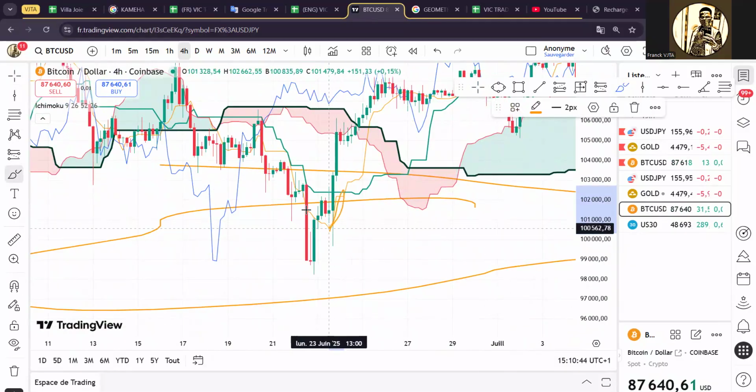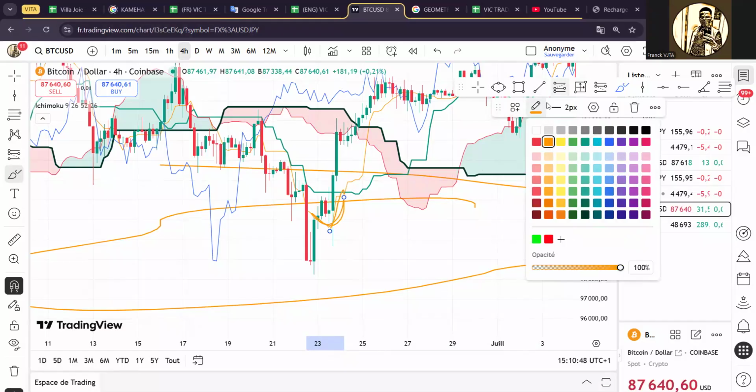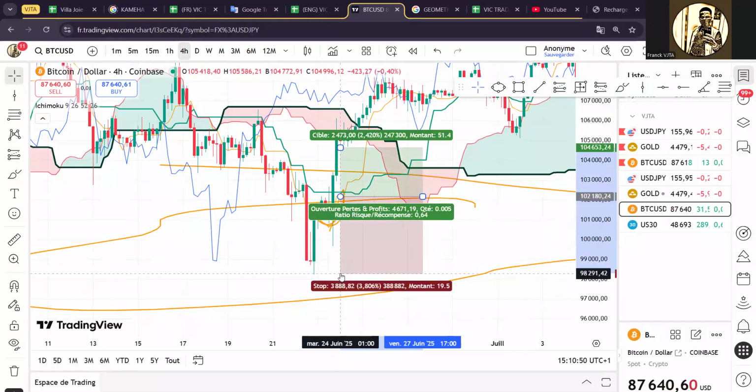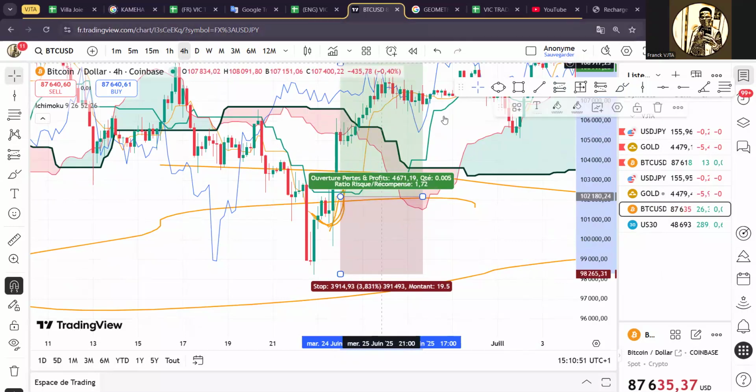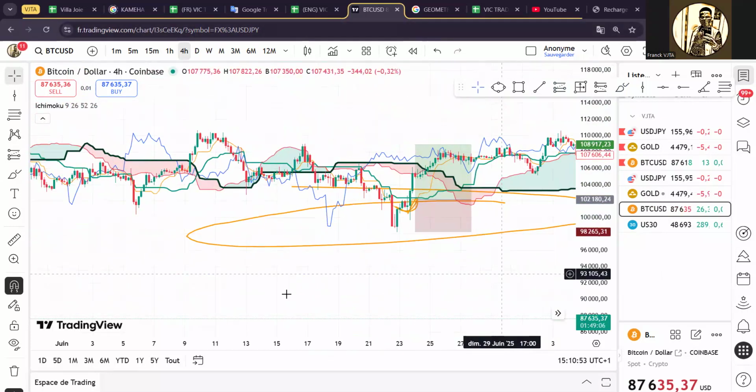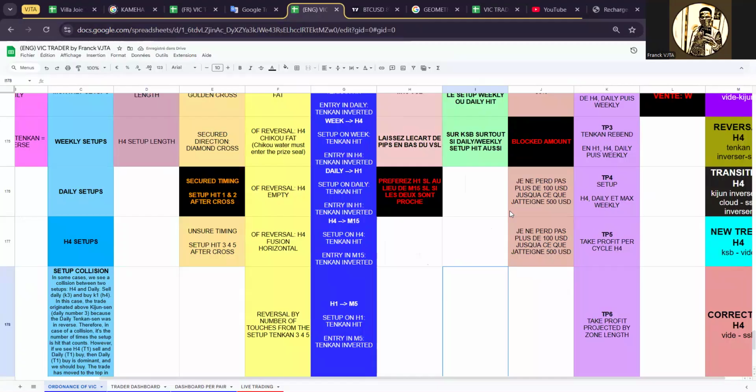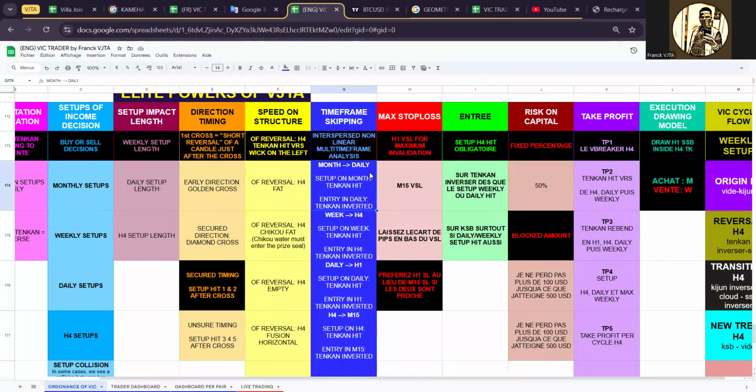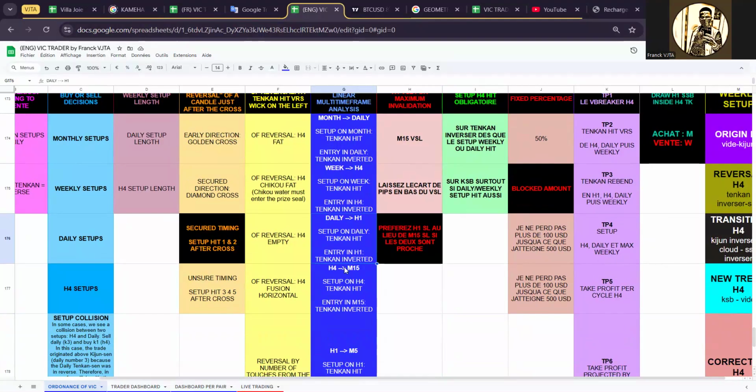You see this inverted Tenkan, right? This inverted Tenkan like this. Then you place your entry. That is the time frame skipping by 2 method. It's a non-linear analysis. And you can do it from monthly to daily. You skip weekly. From weekly to H4, you skip daily. From daily to H1, you skip H4.